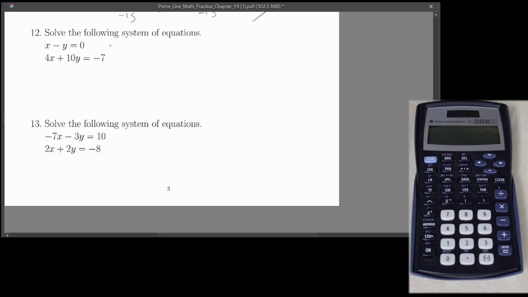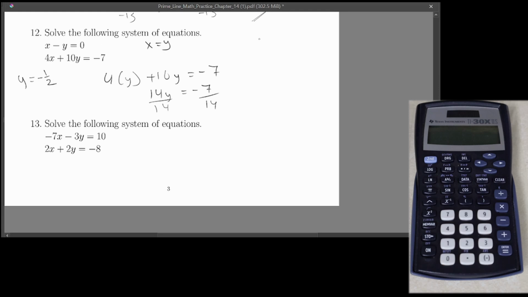So on this one, we're going to rewrite the first equation as x equals y, and then we'll plug in for x here. We got 4x, and instead of x, we'll put a y, plus 10y equals a negative 7. This gives us 14y equals a negative 7. Divide by 14, and so we get y equals a negative 1/2.